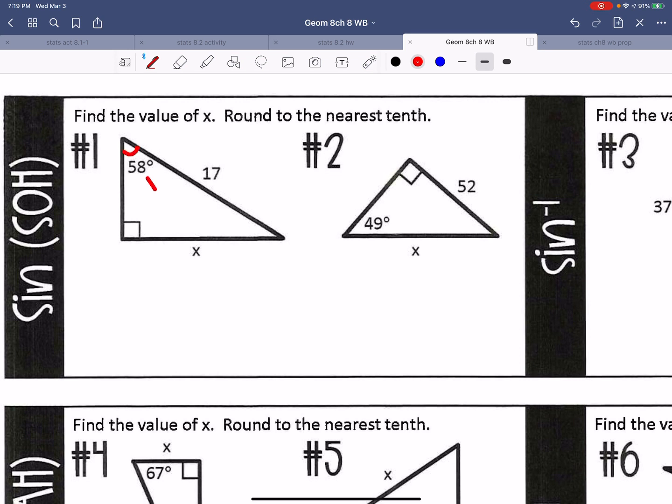So if my reference angle is 58 degrees, this is opposite, and opposite the box is the hypotenuse. So that's why this makes sense that the sine of 58 is opposite over hypotenuse.